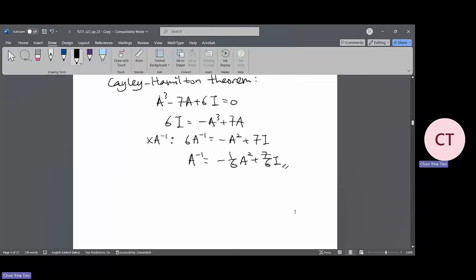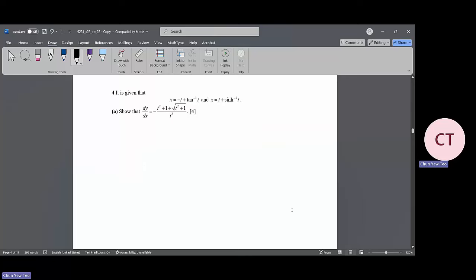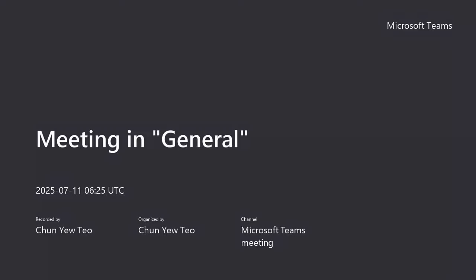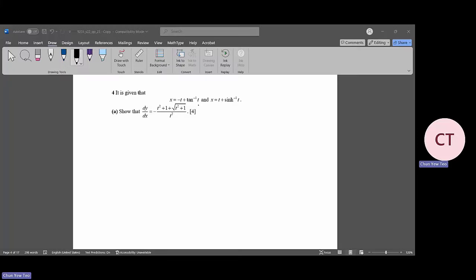Moving on, we have question number 4. We have the parametric equations over here, and they want you to show that dy/dx equals the negative of t squared plus 1 plus the square root of t squared plus 1, over t squared.